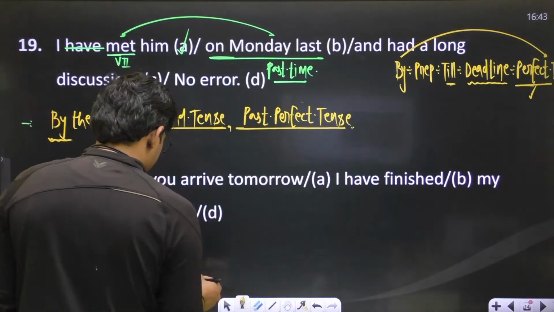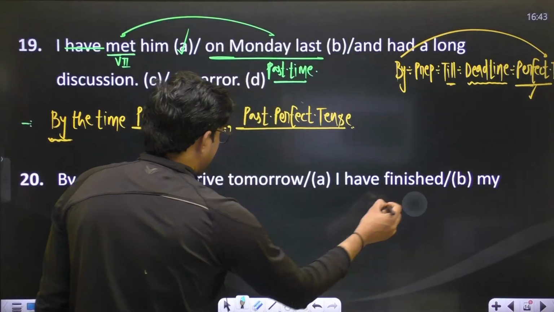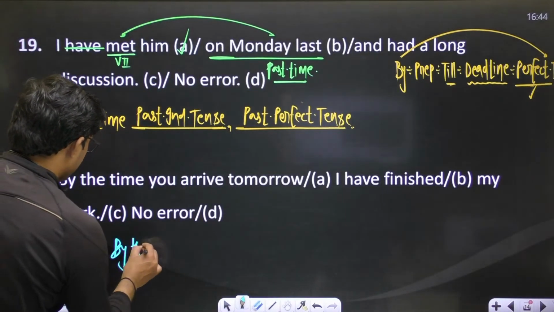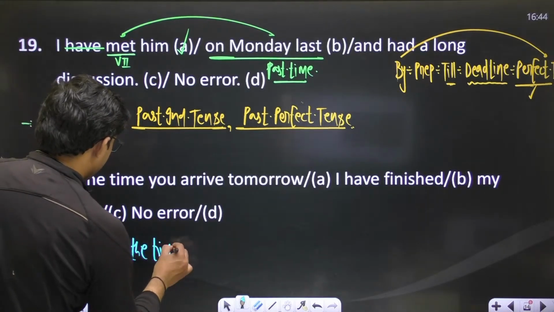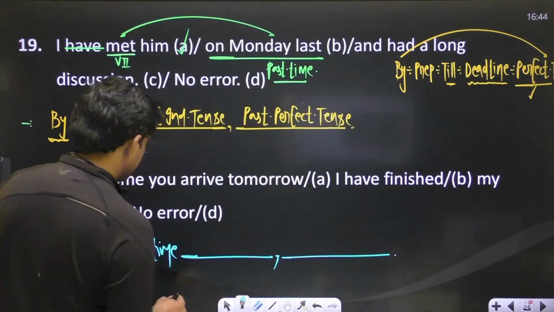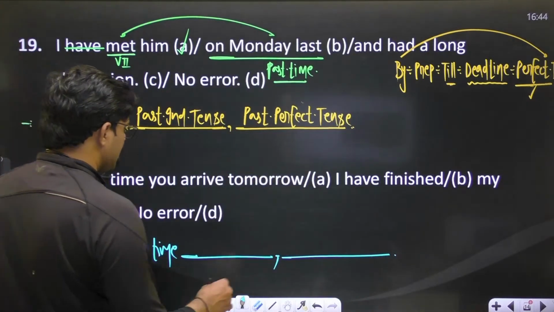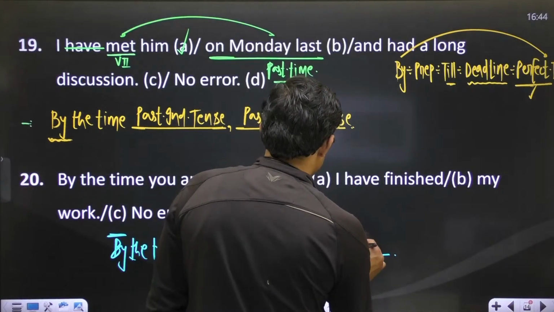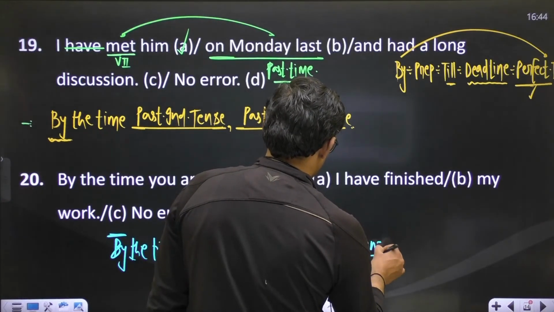Again, if you have such a phrase as "by the time" and two different clauses, because of this preposition we use perfect tense in the second clause. This perfect tense will always be there.